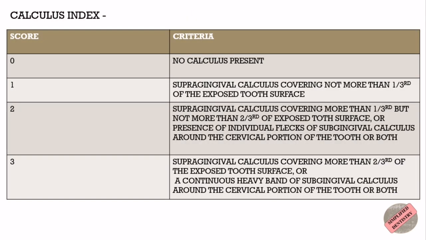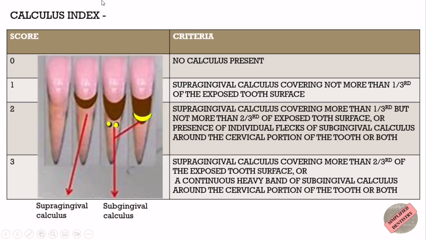Now let's have a look at the criteria and scoring for calculus index. Score 0 means no calculus is present. Score 1 means supragingival calculus covering less than 1/3 of the exposed tooth surface.